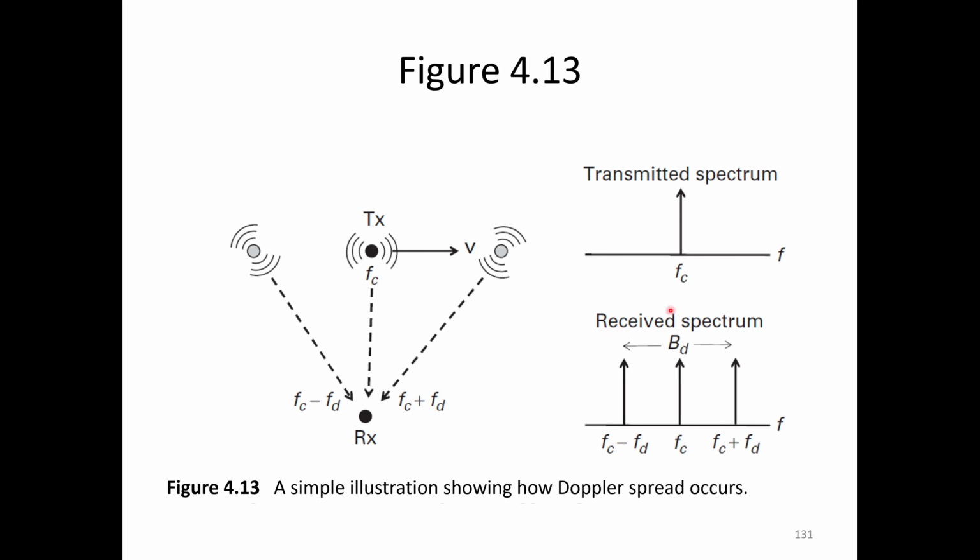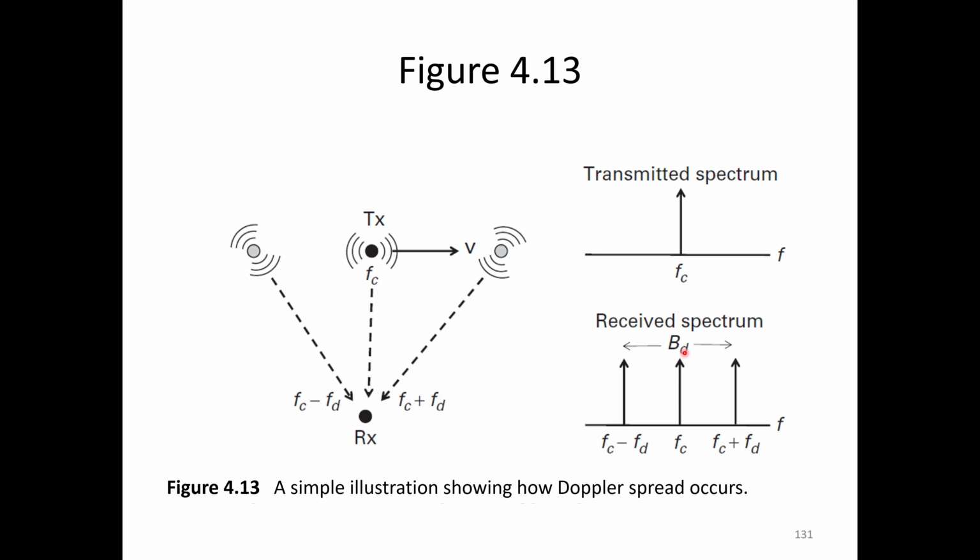Okay, so finally the received spectrum has three impulses. The first impulse is at the frequency Fc minus Fd, where Fc is the carrier frequency and Fd is the Doppler shift.